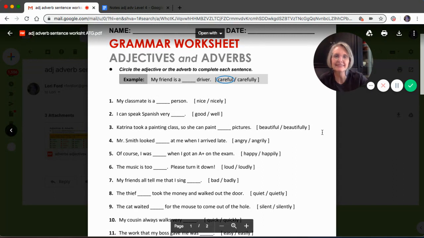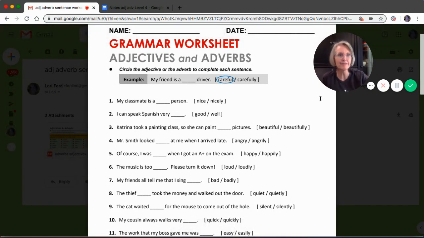In each sentence, you have both an adjective and an adverb given, and you have to choose which it is. So as you read it, you need to think, is the word describing a noun or is it describing a verb? Okay, so the first one that they have as their example says, my friend is a blank driver.